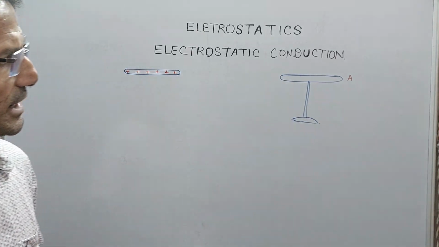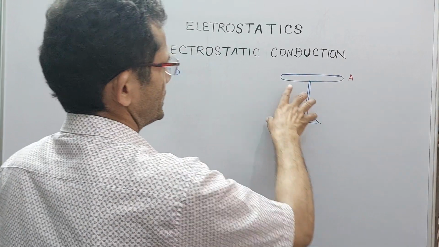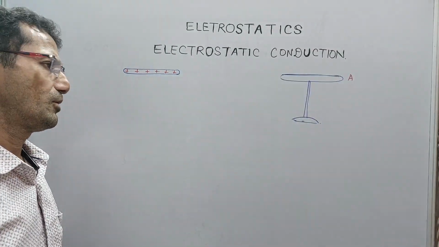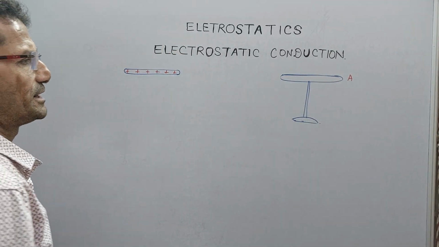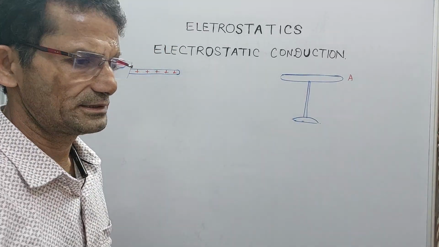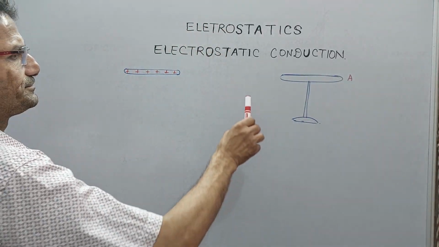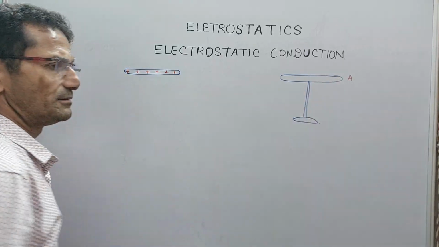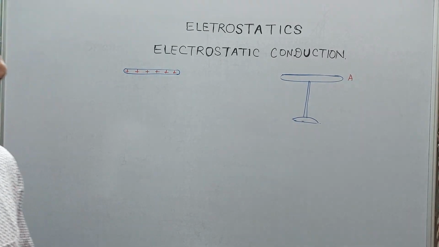At room temperature, since this is made of a conductor, some electrons have already come out. There are electrons randomly moving in this conductor. Later we will study this under electricity. It is a metal, and metals have free electrons, which easily come out from the orbits.